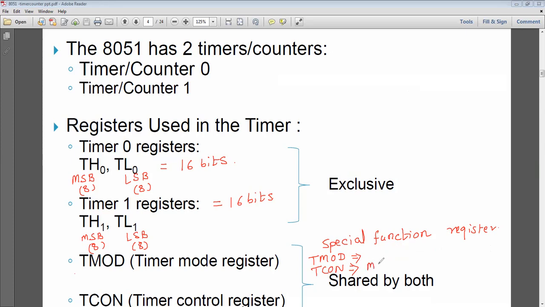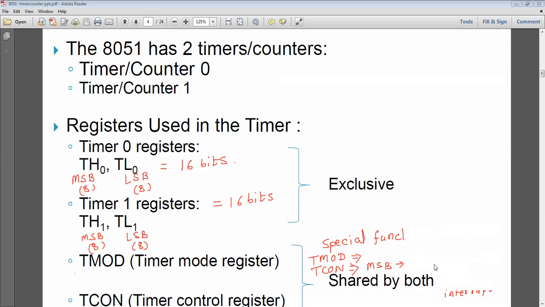The MSB half handles the timer related operations, and the LSB half is responsible for handling the interrupt related operations.